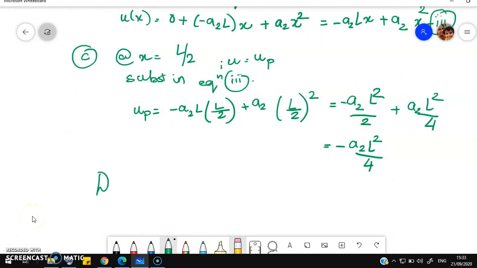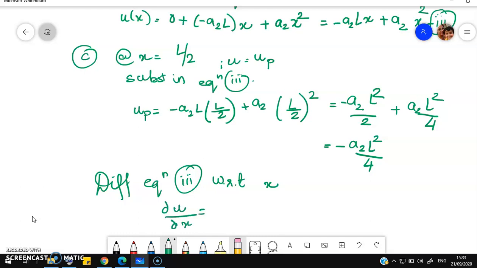Differentiating equation 3 with respect to x, we get dou u by dou x equals minus a2L plus 2a2x. So if we take a2 common, we get 2x minus L in the bracket.